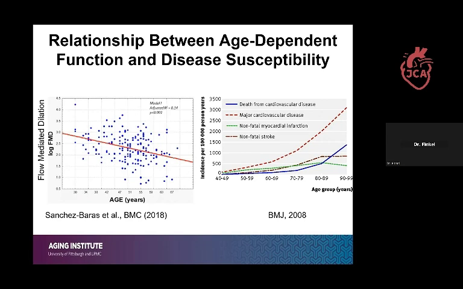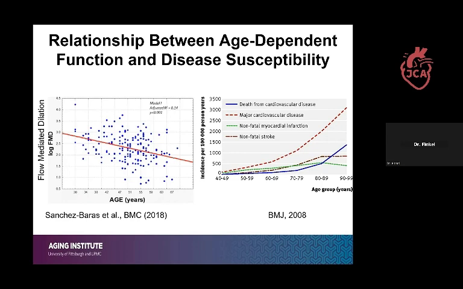So a very simple but important question is, what biologically connects this decline in function to this susceptibility to disease? What is the mechanistic coupling that links these phenomena together across all tissues?